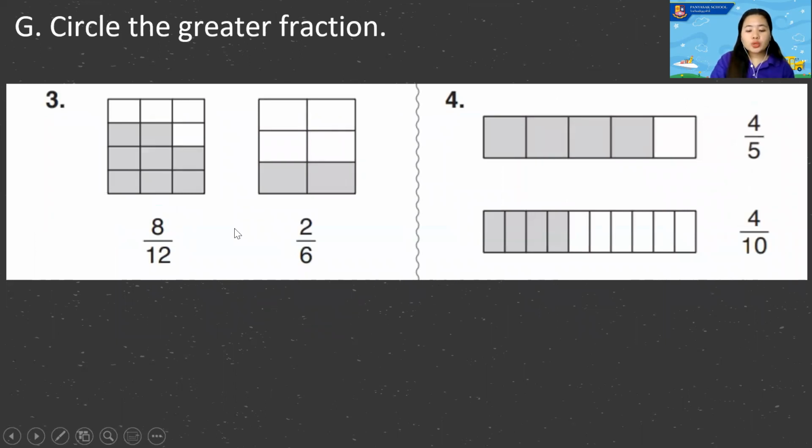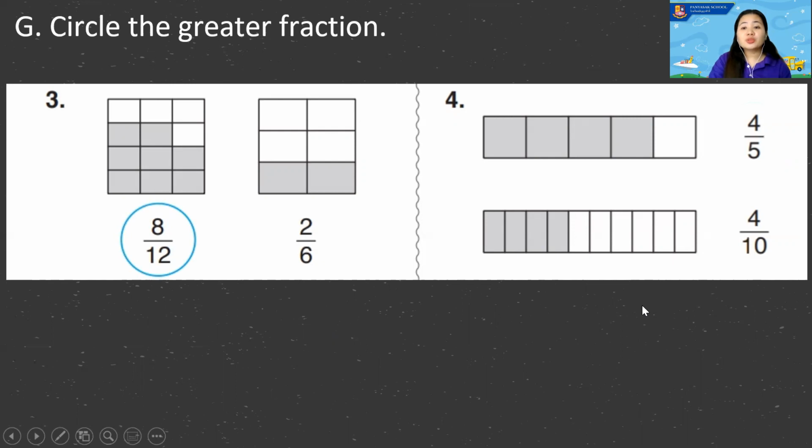Number 3, we have 8/12 and 2/6. So what do you think is the bigger fraction or greater fraction? That is 8/12. Very nice. That's correct.